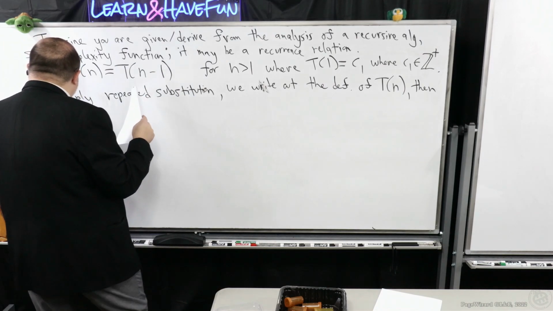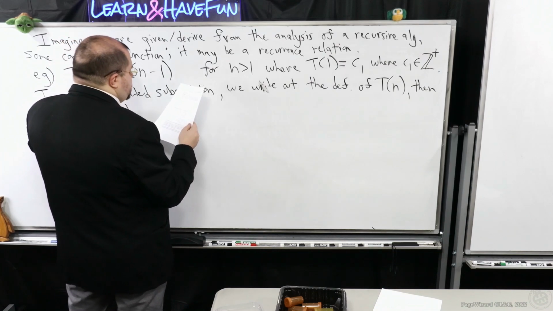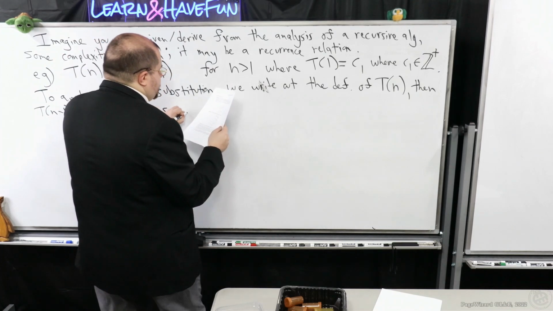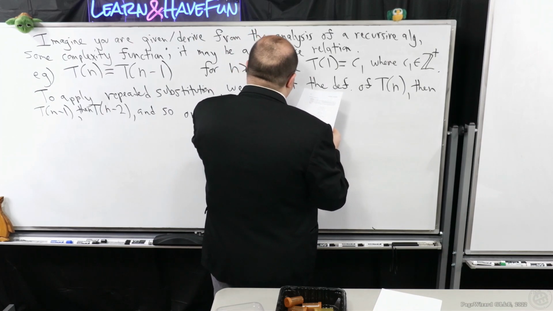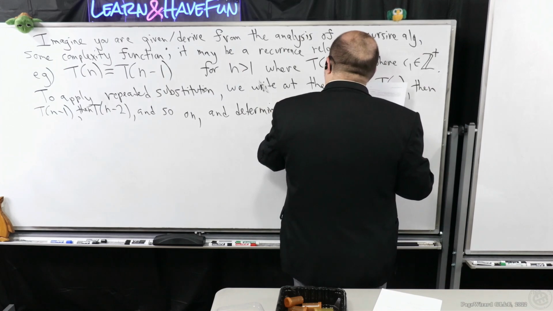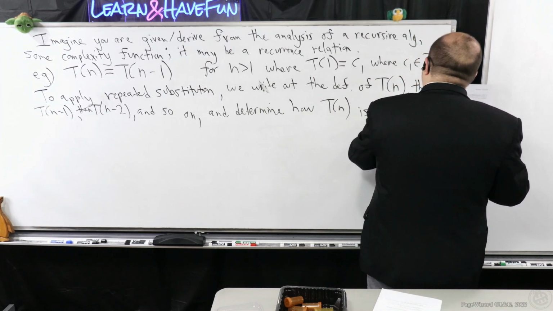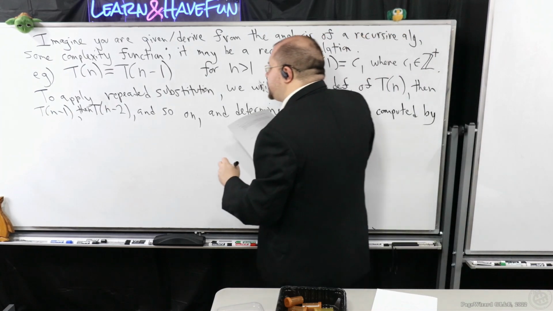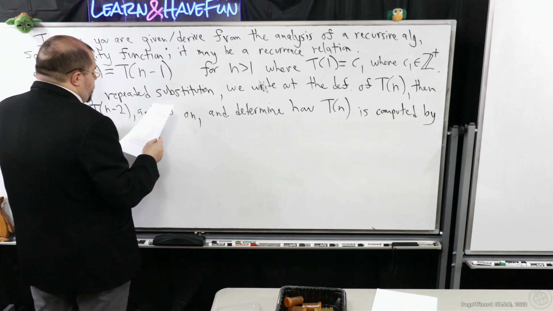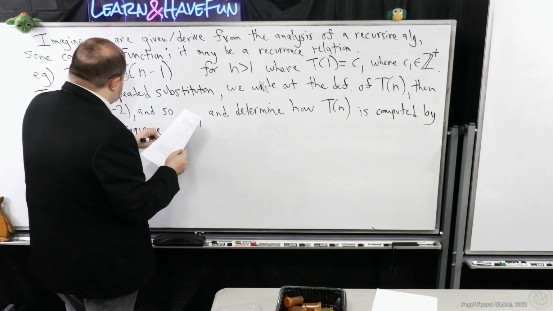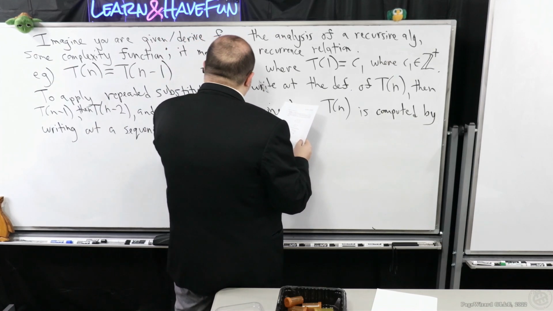And T of n minus 1 will call on T of n minus 2. Then T of n minus 2, and so on. And determine how T of n, or how T is computed, by writing out a sequence of equations, and finding a pattern.